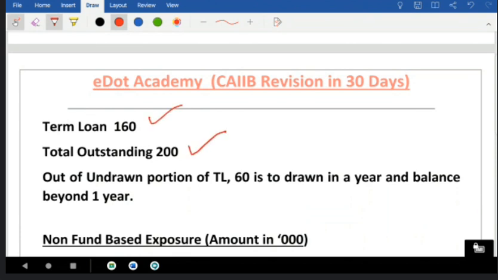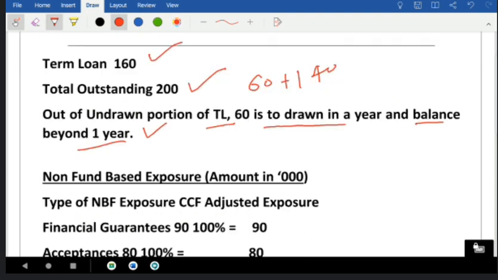Out of the undrawn portion of the term loan, 60 is to be drawn in a year and the balance beyond 1 year. That means 60 plus 140 equals 200. So now how to calculate? Total outstanding is 200.